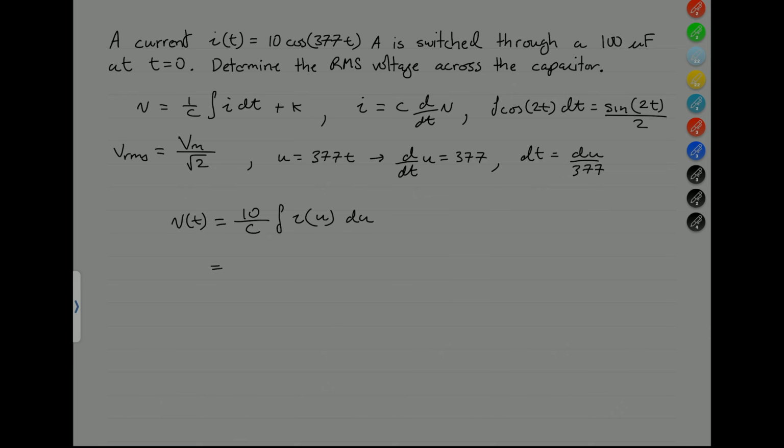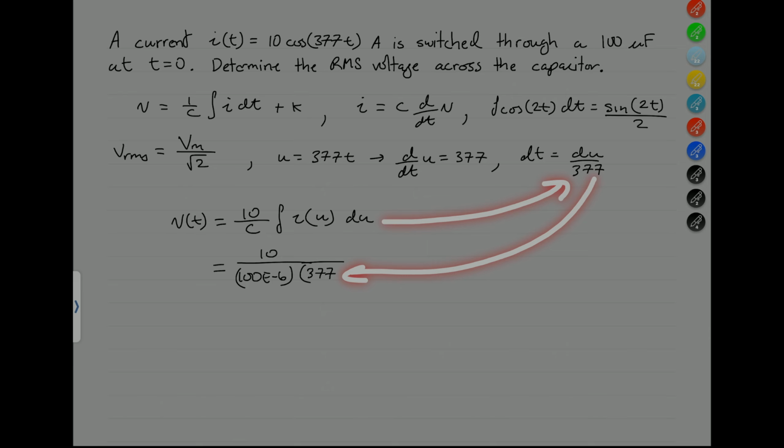So that will be 10 all over 100 microfarads, 10 to the negative 6, times 377, because du will take the form of that and we'll move the constant out.